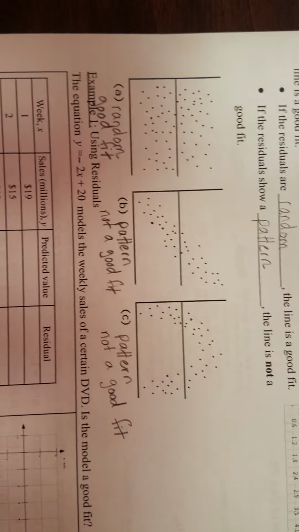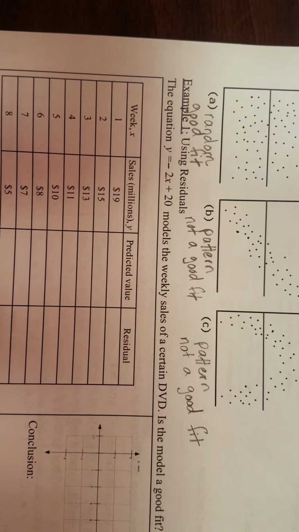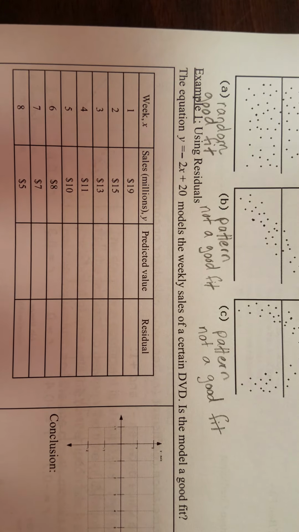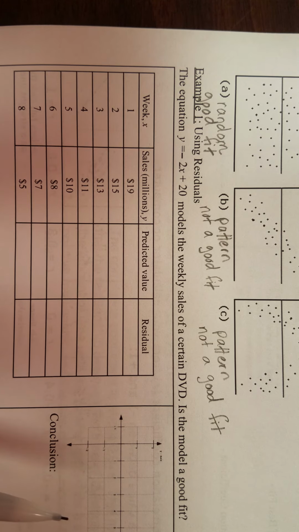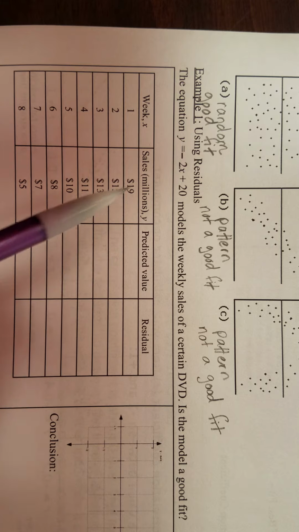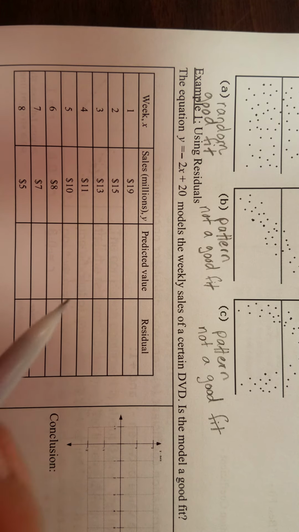So let's look at an example here. Okay, what we have is the equation y equals negative 2x plus 20, which is going to model our weekly sales of a certain DVD. And we want to determine if our model is a good fit. So what we're going to do first is use our model to find our predicted value, okay?